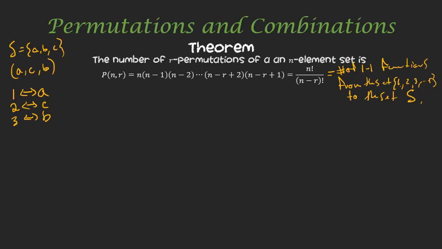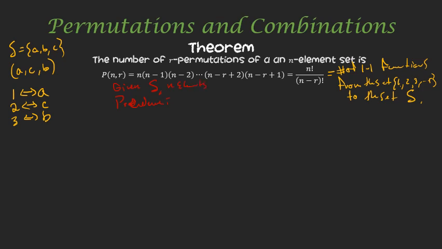But let's prove it in a slightly different way. In fact, we'll just use the same argument we used for the one-to-one functions. We'll just use the multiplication principle. So I want to come up with a procedure. First, we're given S, which has n elements. And our procedure, what do we want to produce?